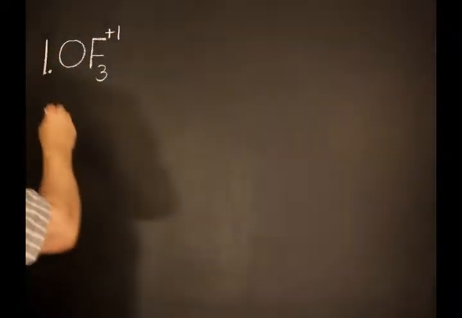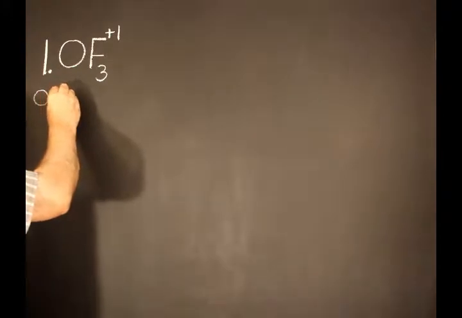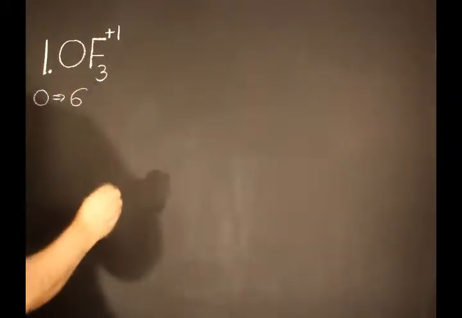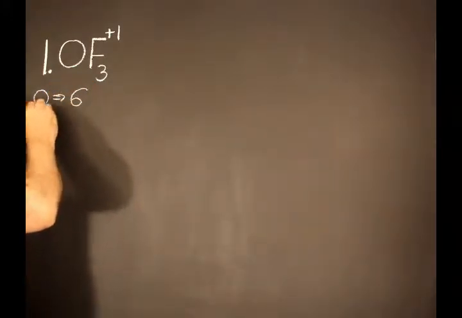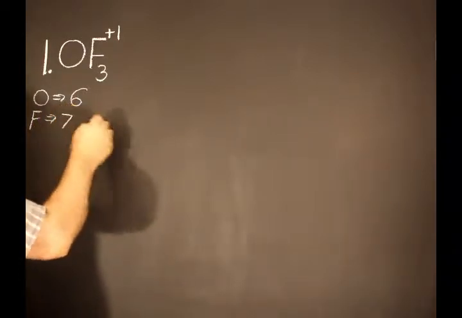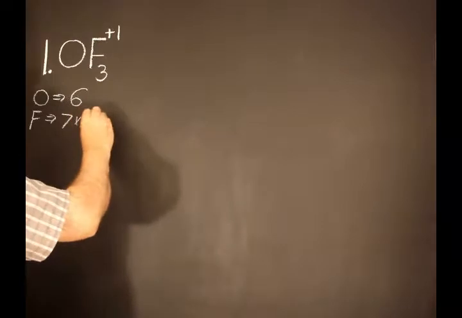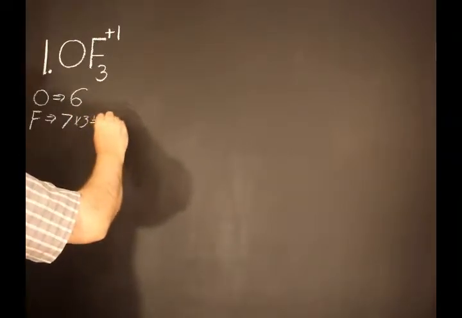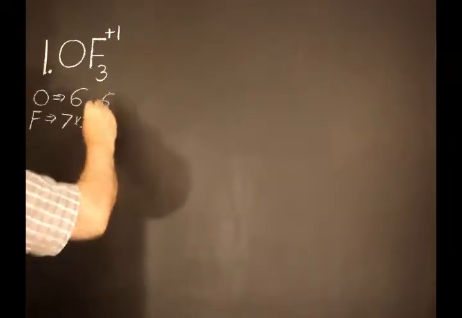Now, if we count up electrons, again it always starts here, oxygen has 6 valence electrons. Fluorine, there are 3 of them, so it's going to be 7 times 3, so that's 21, so that's 6 over.